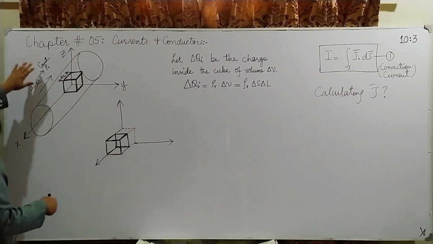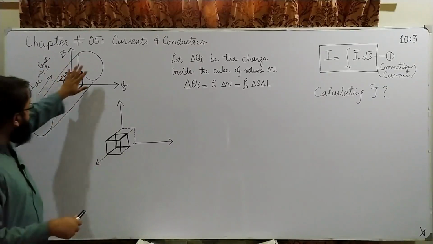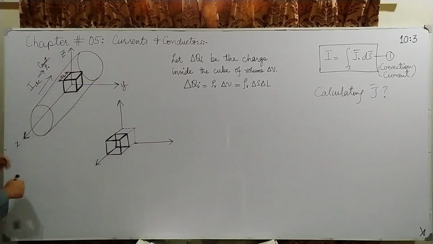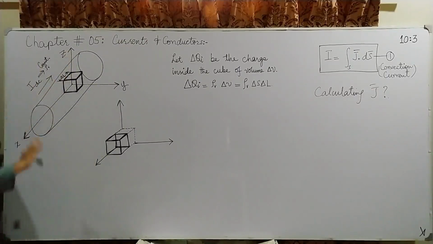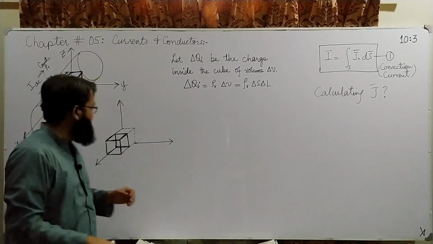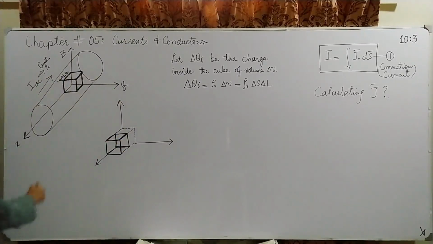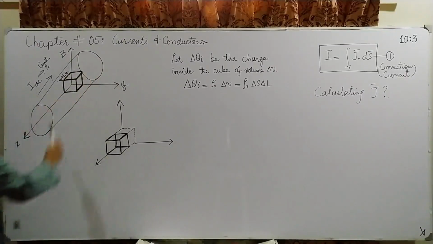Choosing DC current means that the charge density theoretically within this conductor, throughout this conductor, would be constant, because this is DC current. It is not changing with respect to time or with respect to distance along the conductor.